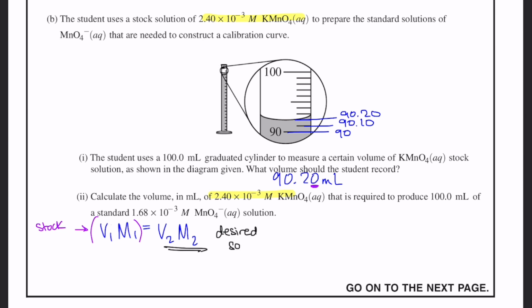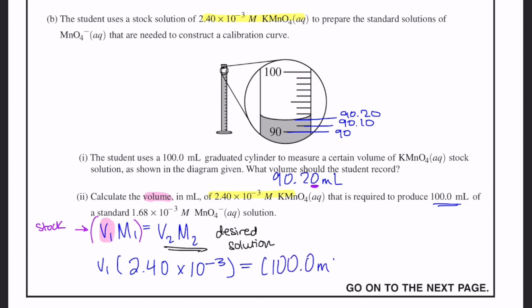So looking at that, we can see that we don't know what V1 is. That's what we want to find. So I'm going to say V1. We know the molarity of the stock solution. It was given to us right here. And V2 is 100 mL.